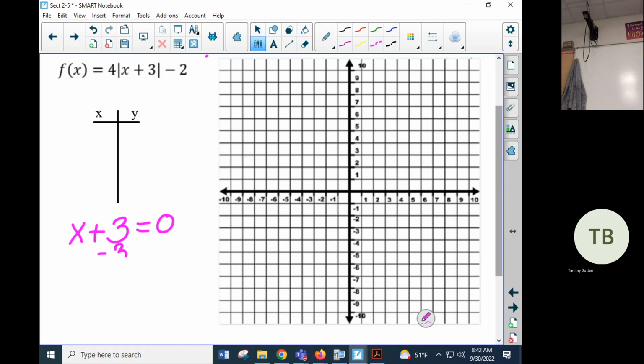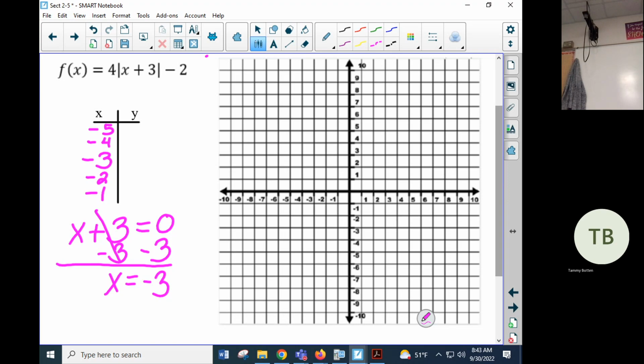Okay, so if I solve for x, x is equal to -3, and that's what goes in the middle of my choices. And then I always go the next number less than, and then the next number. And then in the opposite direction, I do the next biggest number and then the next biggest number.